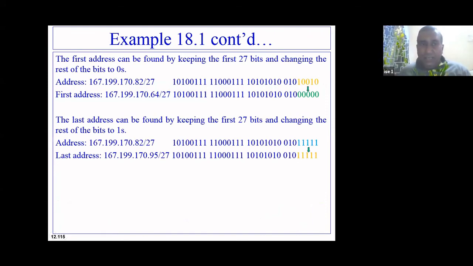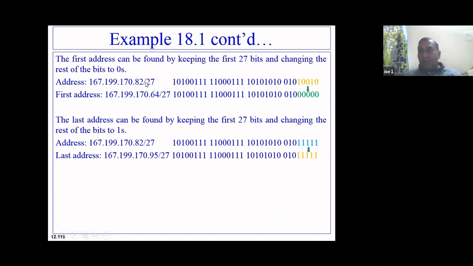But you will always be given dotted notation, slash notation, dotted slash notation. Don't convert the slash notation part into binary. Only the first 4 quantities you have to convert into binary like this.